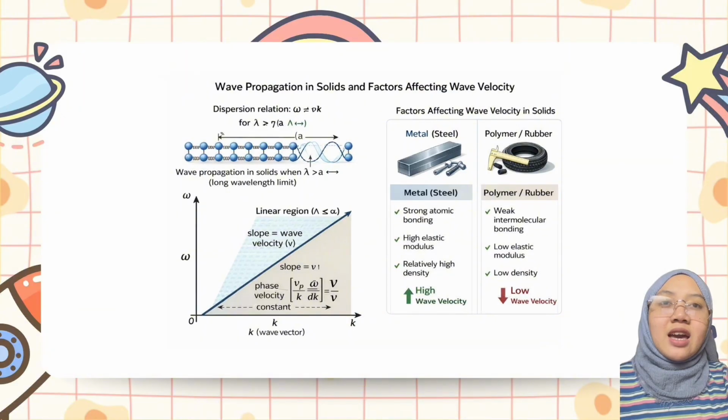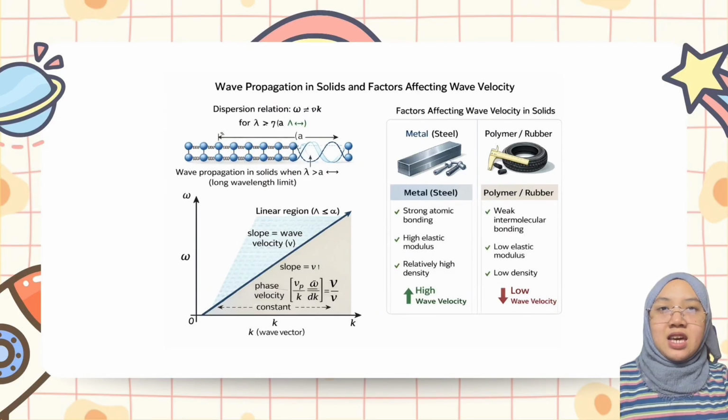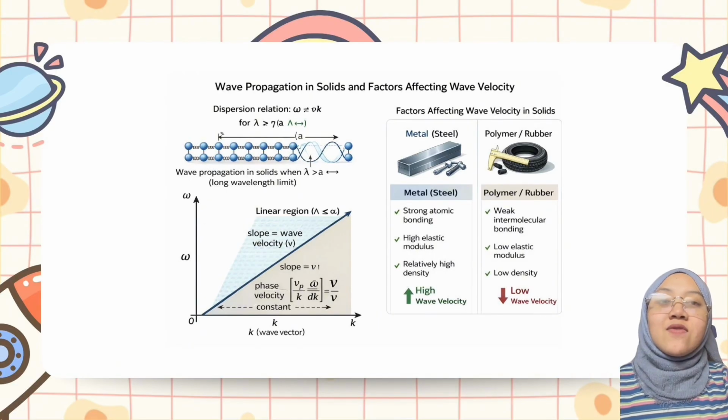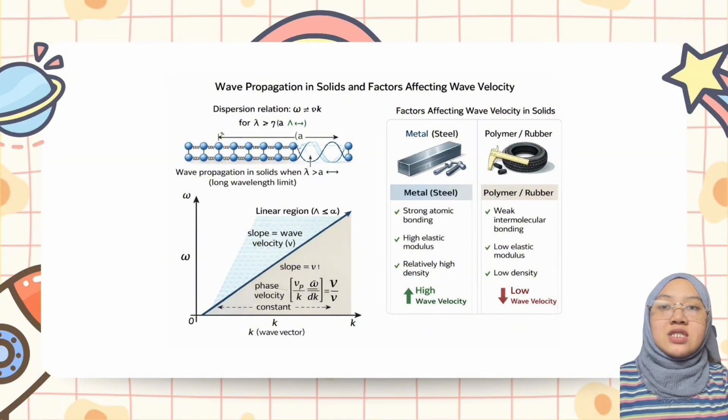The vertical axis is angular frequency ω and the horizontal axis is the wave vector k. The straight line portion shows the linear region. The slope of this line represents the wave velocity. Because the line is straight, the wave velocity is constant. This also means the phase velocity and the group velocity are equal in this region.